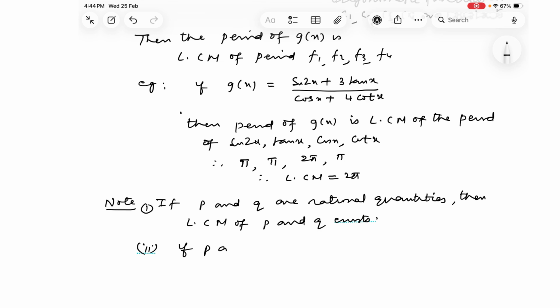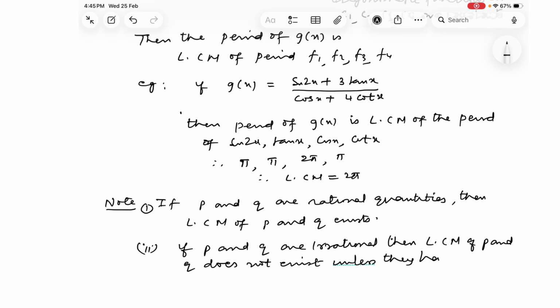Now the second point here is, if P and Q are irrational, then the LCM of P and Q does not exist, unless they have the same irrational surd.